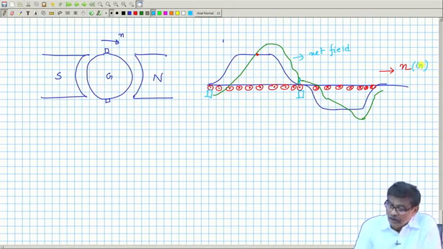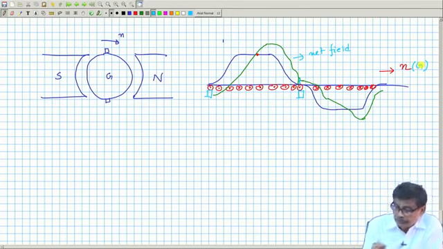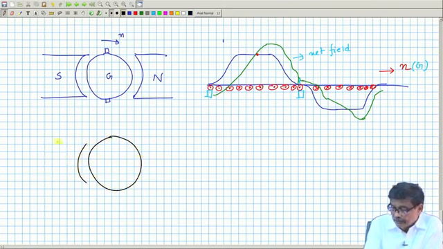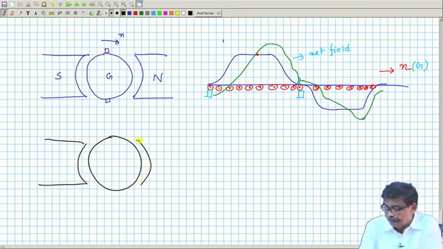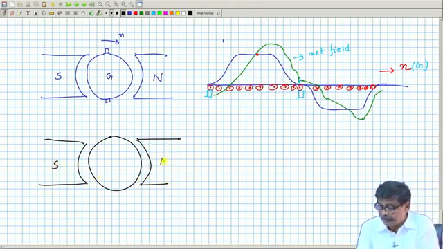Okay. Now, what happens if it is motor mode? If it is motor, let me draw quickly and I will tell you one very useful tip so that we need not struggle anymore.